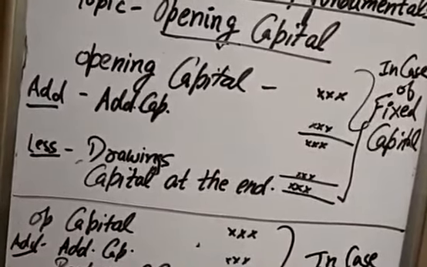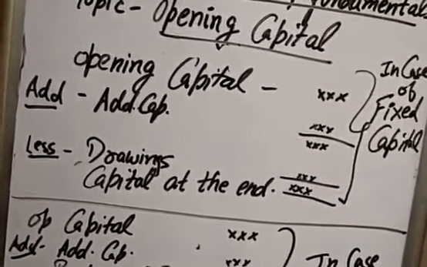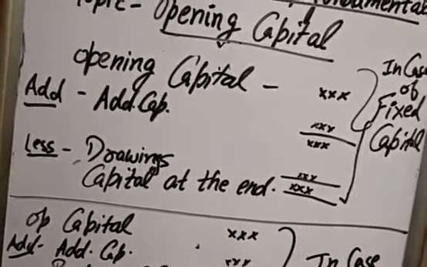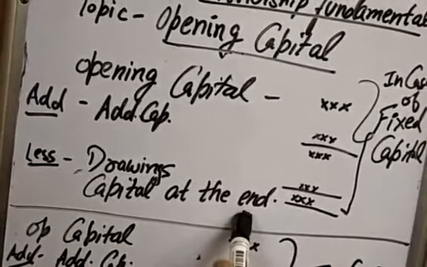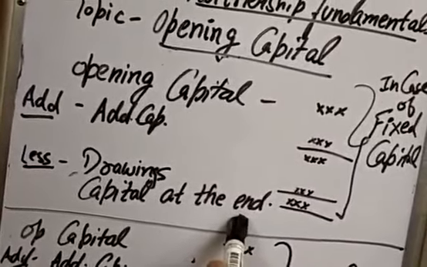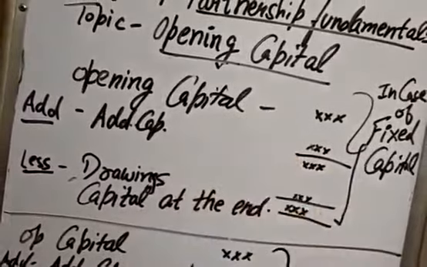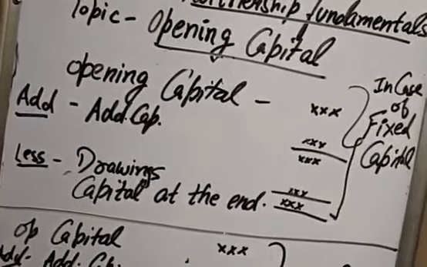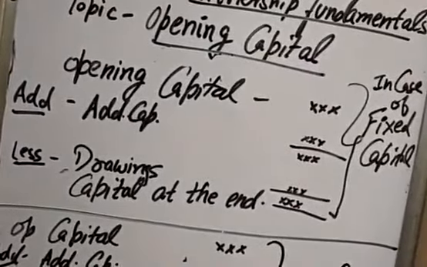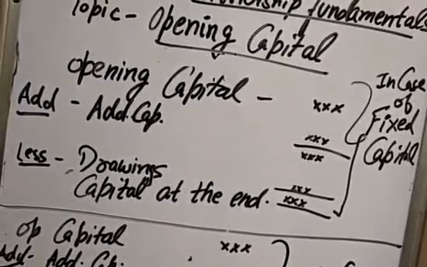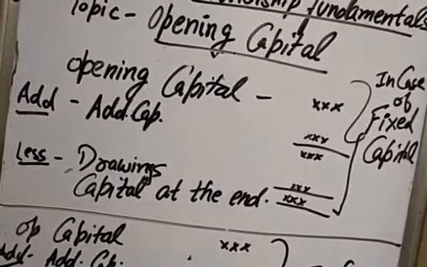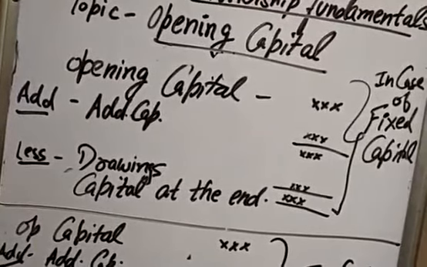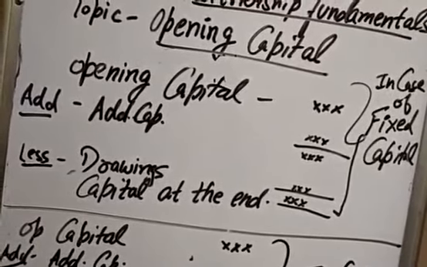But students, listen, if in the question you are provided with capital at the end and there is no information about opening capital, in that situation you have to calculate opening capital, because interest on capital is always calculated on opening capital.